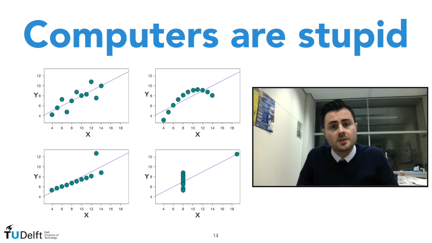These 4 plots are known as the Anscombe quartet, and they have been created by Anscombe, a statistician, to show the weaknesses of correlation. Actually here, if you compute the mean and the standard deviation of x and the mean and the standard deviation of y, they are always the same. So be careful when you deal with correlation.